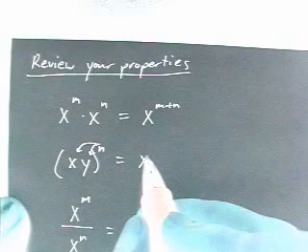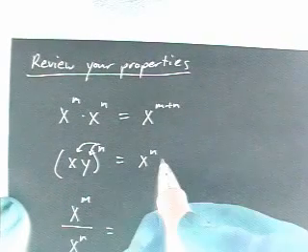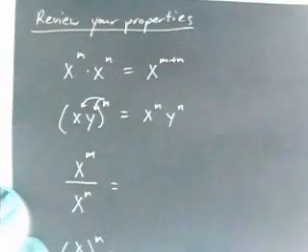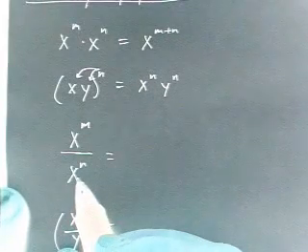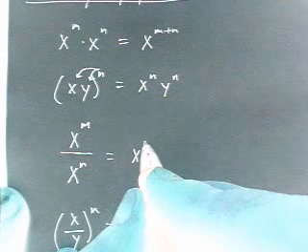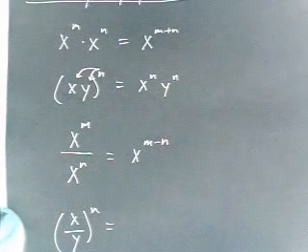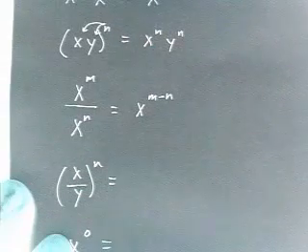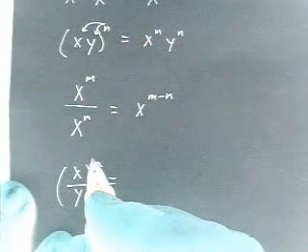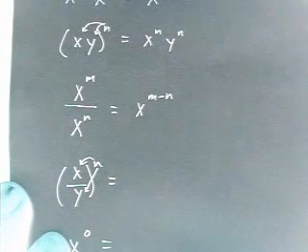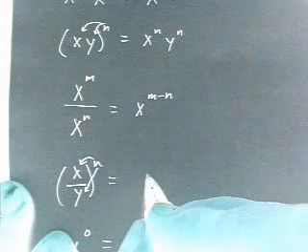So we have n times 1 is n times 1 is also another n. When you are dividing like bases, we know that we are supposed to subtract the exponents. When you are dividing unlike bases, once again, the exponent gets distributed to all exponents in the numerator and all exponents in the denominator.